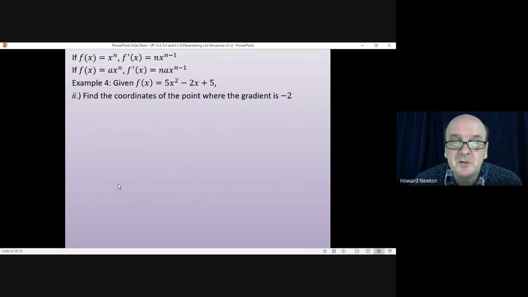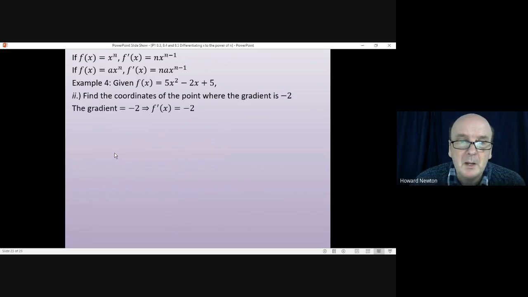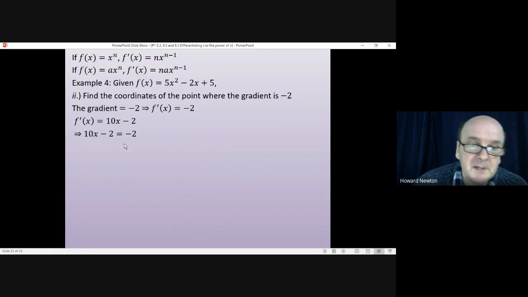Part 2 asks us to find the coordinates of the point where the gradient is minus 2. If the gradient is minus 2, that means that f dashed of x has to equal minus 2. Now we worked out f dashed of x just now. It's equal to 10x minus 2. And we want to know when that is equal to minus 2.